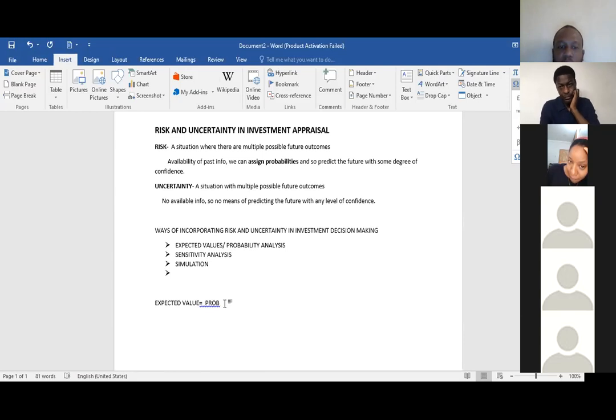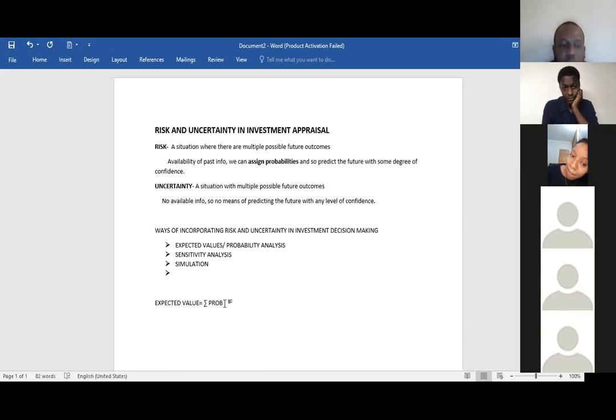So the summation of probability multiplied by value of each outcome. And we'll see how this works very shortly.